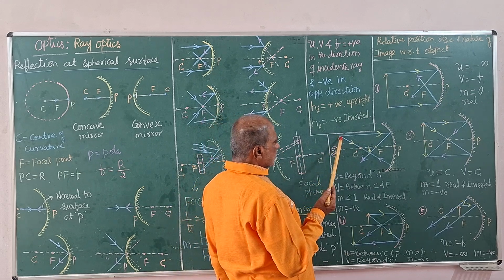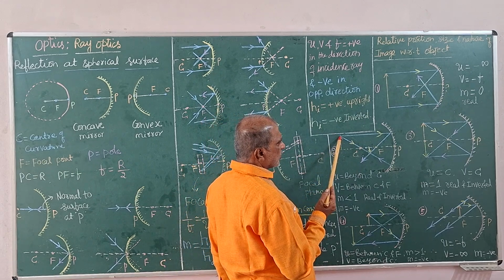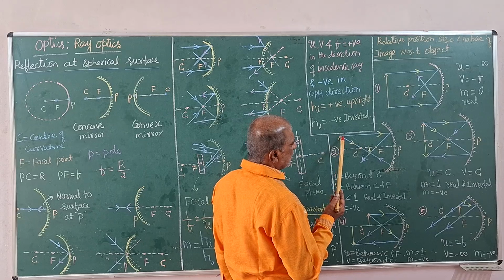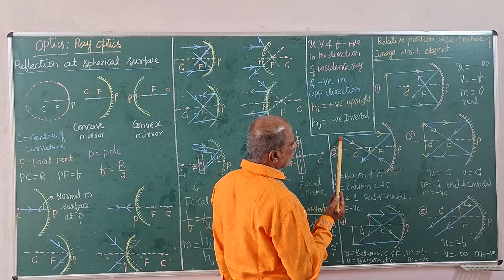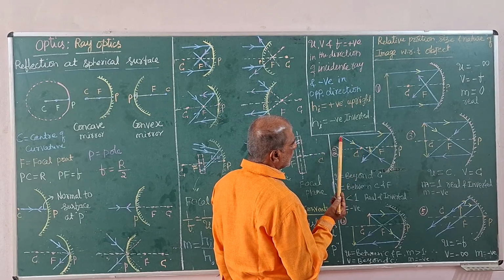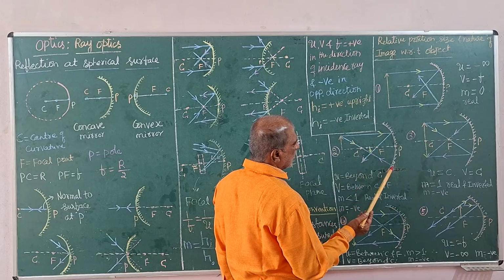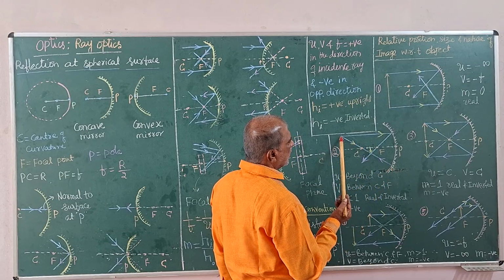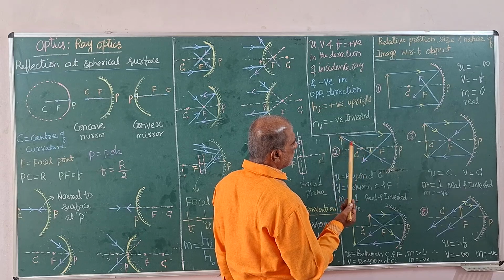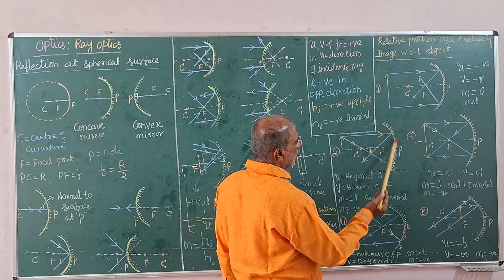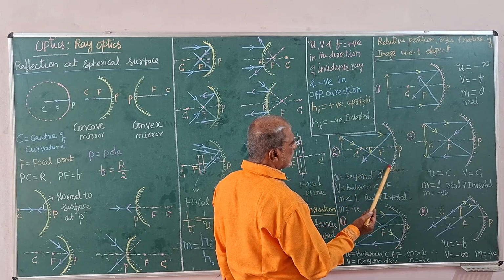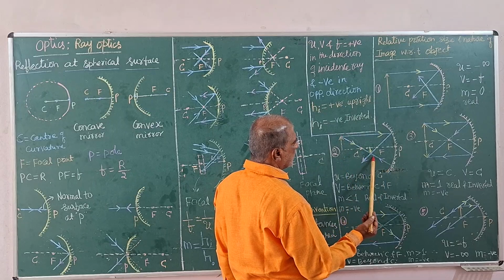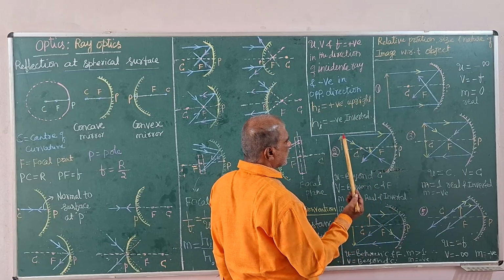And one more ray from the same point, let it be along the point C. The incident ray and reflected ray go back along the same line. Any ray along the point C is always normal to the mirror at this point, so the incident ray and reflected ray lie in the same line.